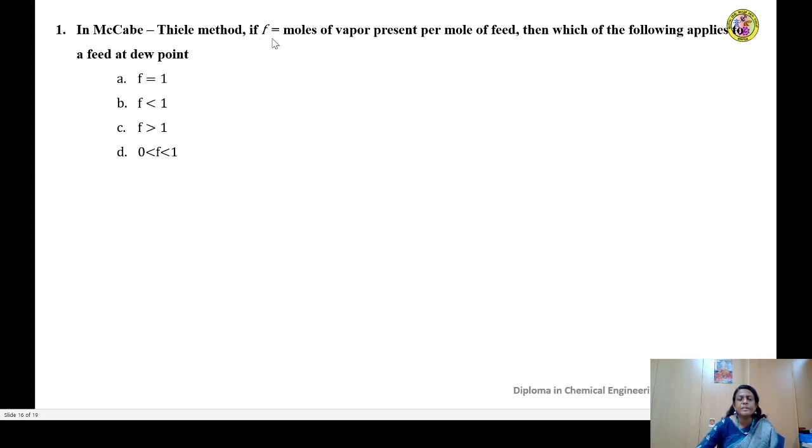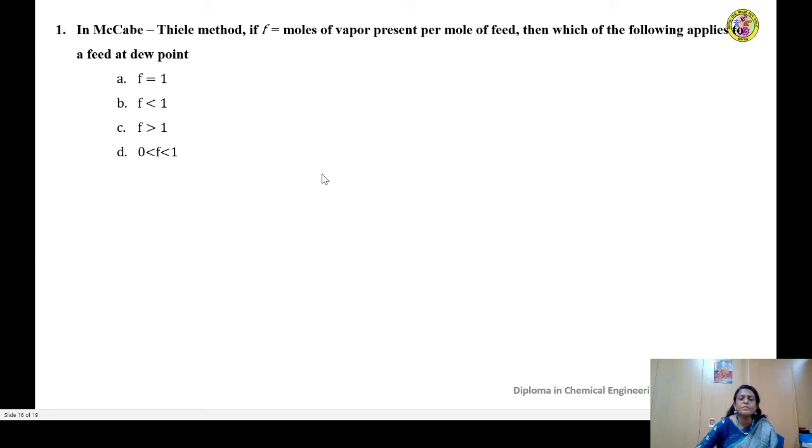It is given that F is the moles of vapor present in the feed that is entering at 1 mole per hour. So, if F is equal to 0, then the feed will be at its dew point, because the entire feed will be added to the vapor phase in the enriching section.